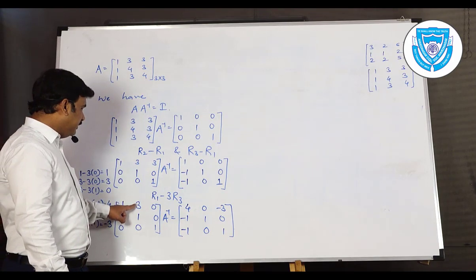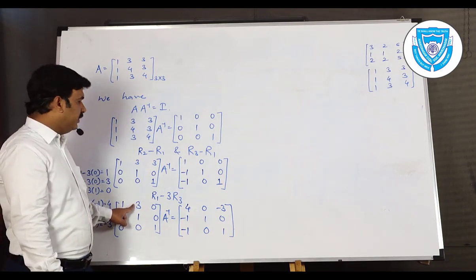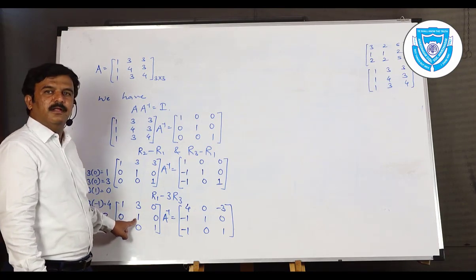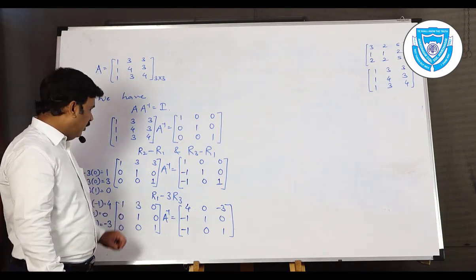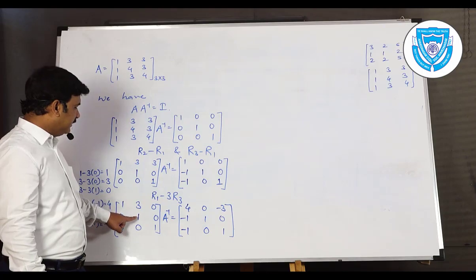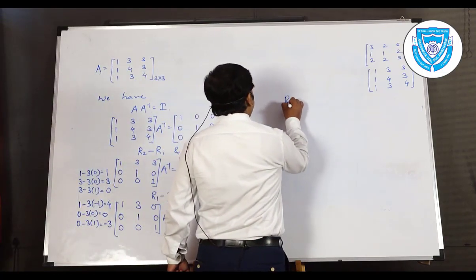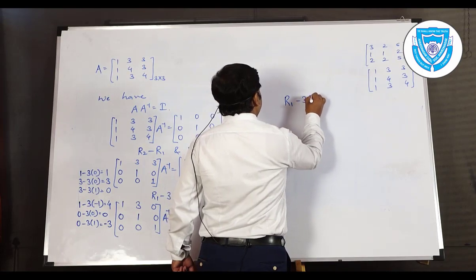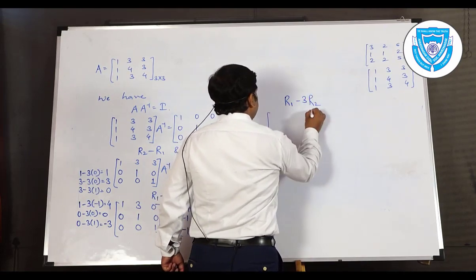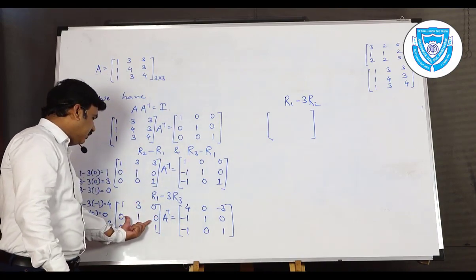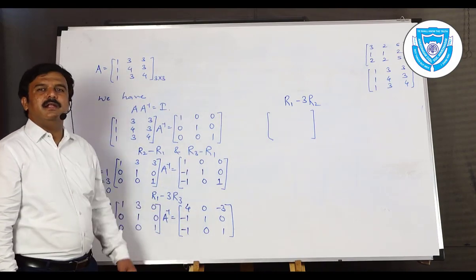Now only the last element is remaining, that is 3. We have to change it into 0. We want 0 over here. Now for this we can take help of R2. We can perform the operation R1 minus 3 times R2 over here. Let's see what happens after performing this operation at the left hand side as well as the right hand side.